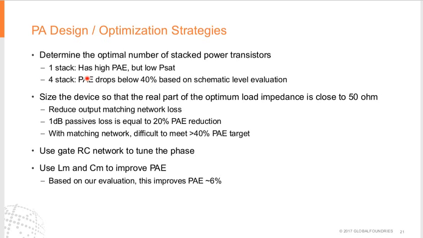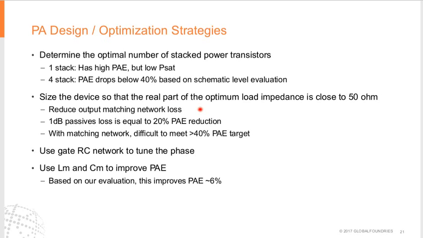So we choose 3 stacks in this design, which can maintain the PAE larger than 40%, and then we try to get the optimized Psat. To improve the PAE, we size the device to let the real part of the optimal load impedance be close to 50 ohm.